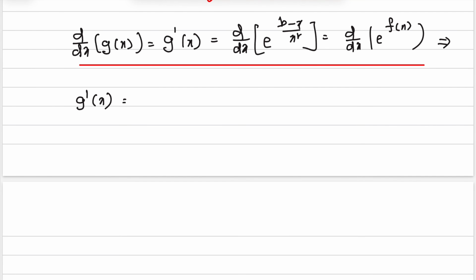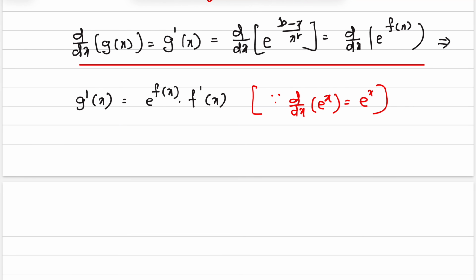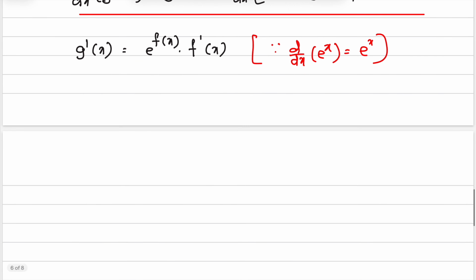Since d by dx of e to the power of x is equal to e to the power of x, e to the power of f(x) will be e to the power of f(x) into f dash x. And if it is a function of x, we will go for the derivative of that function also, multiplied.